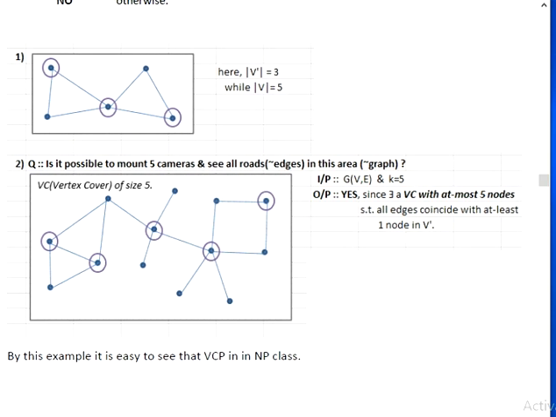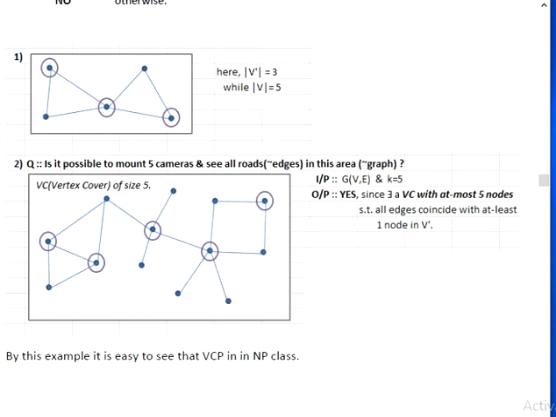Another example, a little bit bigger graph. How many vertices does it have? 1, 2, 3, 4, 5, 6, 7, 8, 9, 10, 11, 12, 13. Total V equals 13.